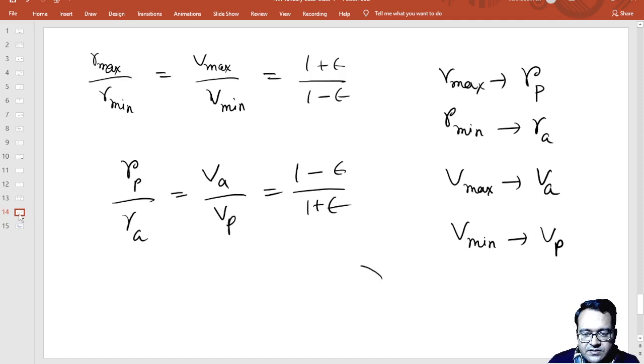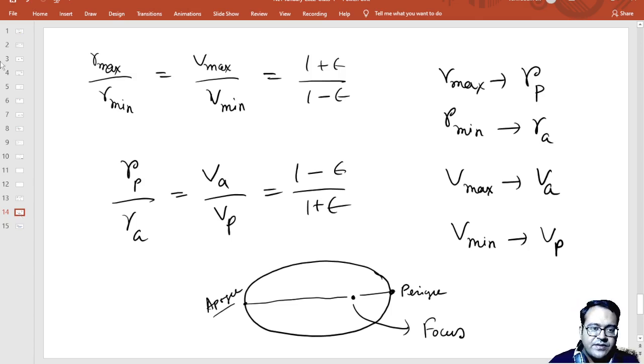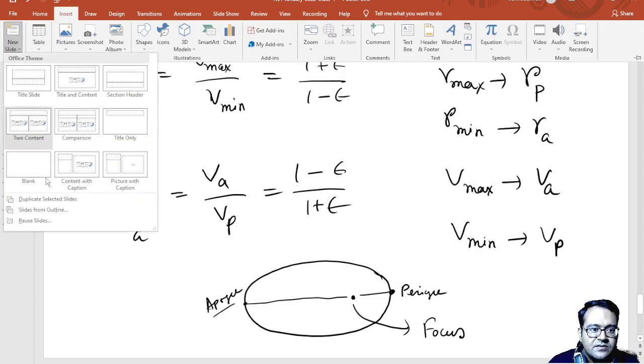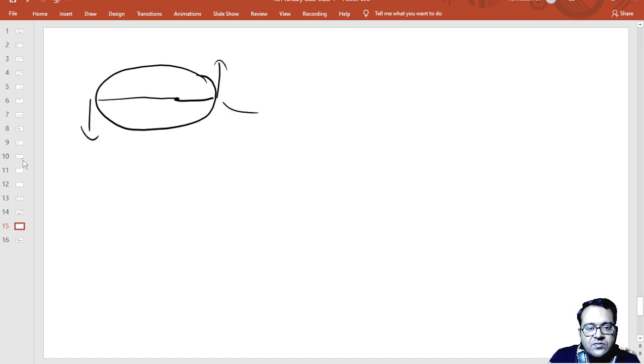So in any orbit, so this is the focus. This is perigee. This is apogee. So as we have discussed earlier, at these 2 points we have special conditions.